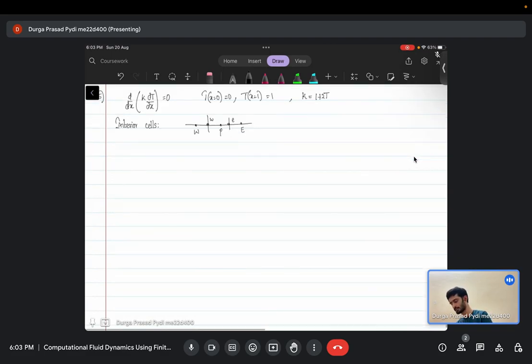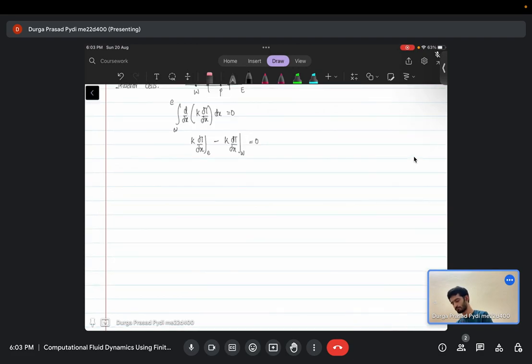We discretize this equation, d/dx of k dT/dx equals 0, from the west face to the east face. This gives me k times dT/dx on the east face, minus k times dT/dx on the west face, equals 0.